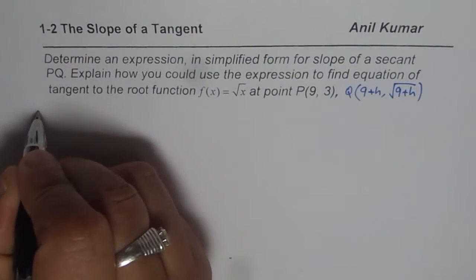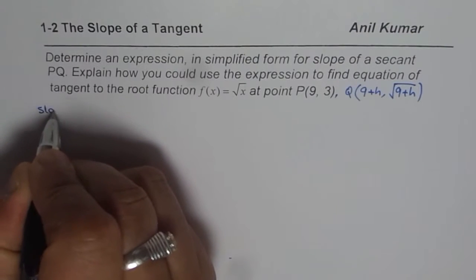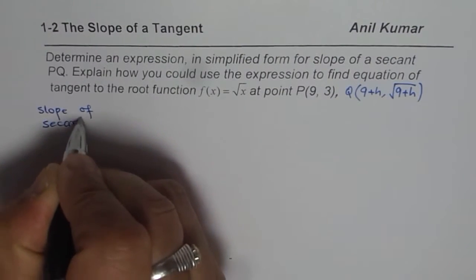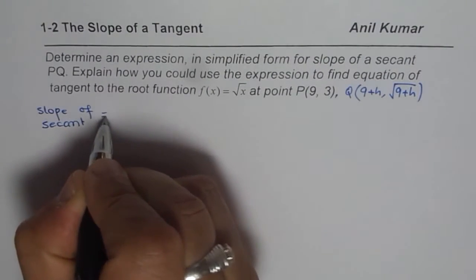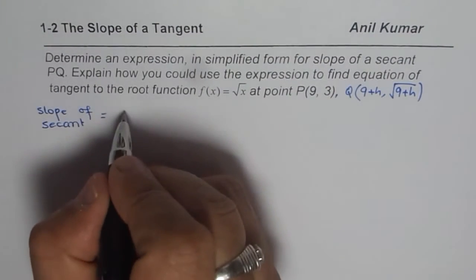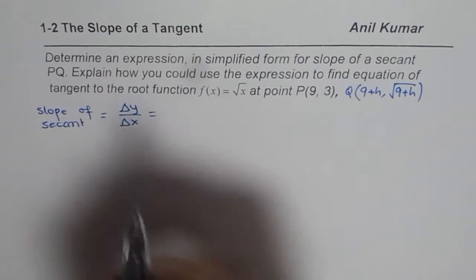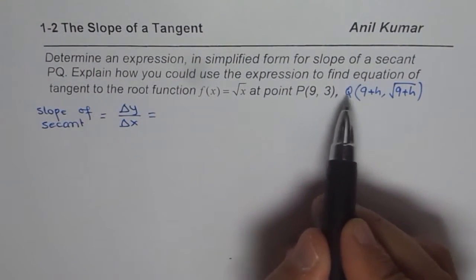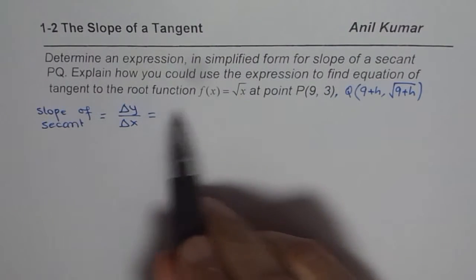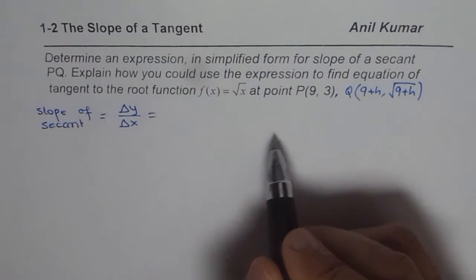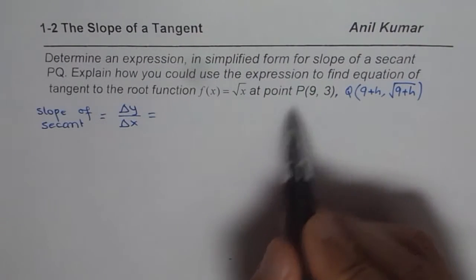Now, what is the slope of a secant? The slope of the secant between any 2 points could be written as change in y value over change in x value. Here we are given 2 points P and Q. So change in y value will be y2 minus y1 and change in x value will be x2 minus x1, right?